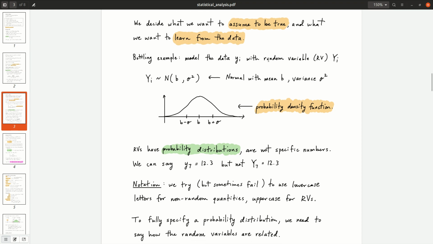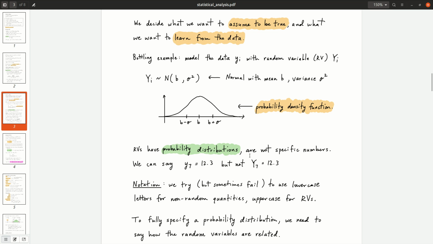Now, I use this term random variable, capital Yi. The thing about random variables is that random variables have probability distributions, like this picture here. This is a density function, and they are not specific numbers. So for example, we can say lowercase y7, which is our notation for the data, equals 12.3, but we would rarely say something like the random variable Y7 equals 12.3.